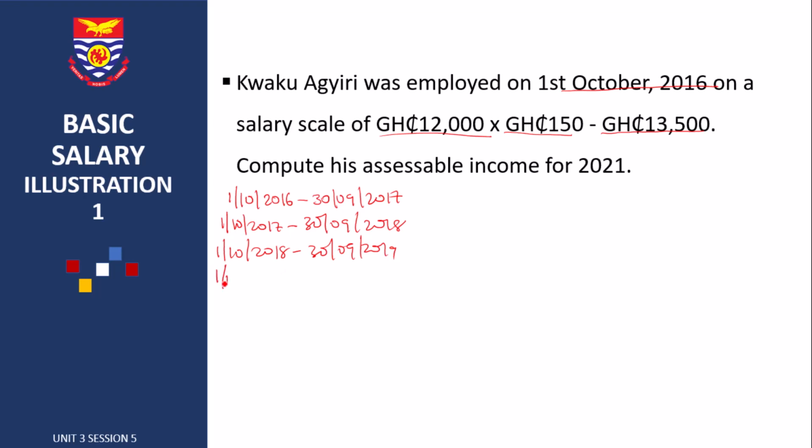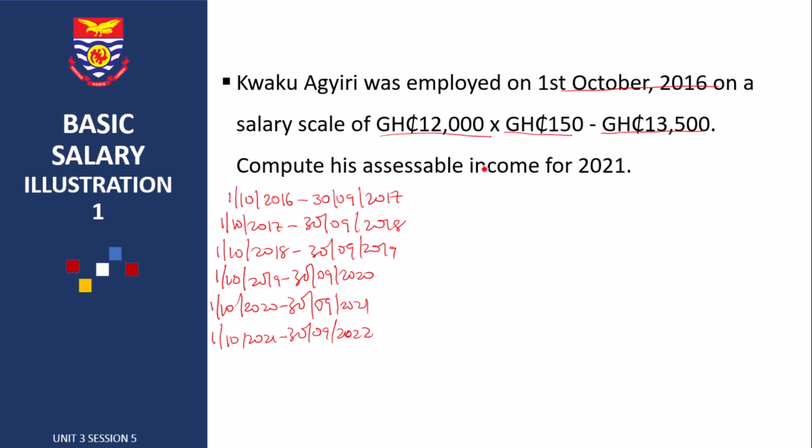We have 1st October 2019 to 30th September 2020. 1st October 2020 to 30th September 2021. 1st October 2021 to 30th September 2022.